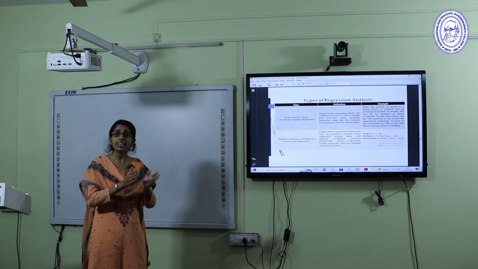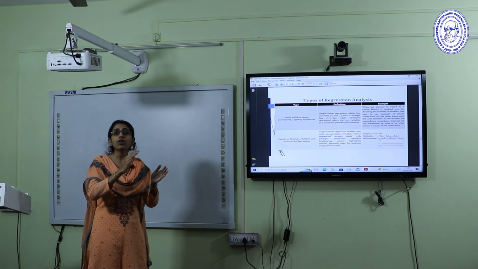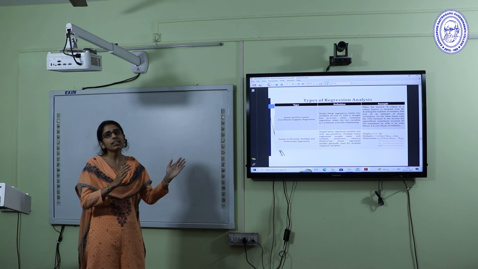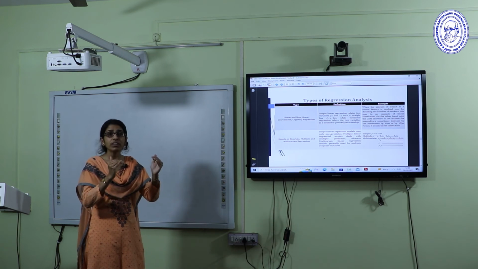In a linear relationship the rate of change is persistent or constant. In curvilinear it varies.